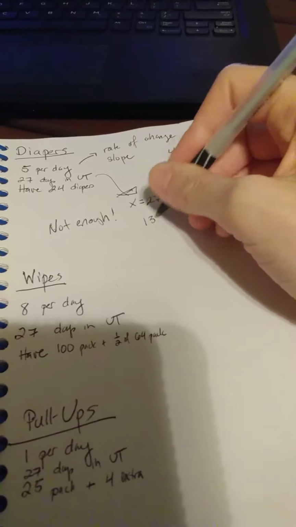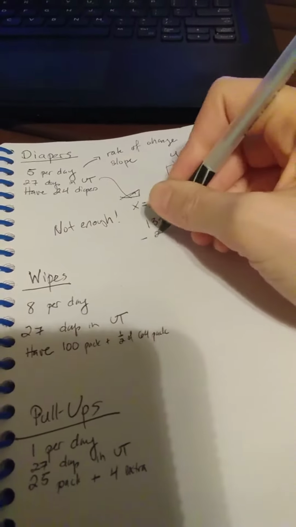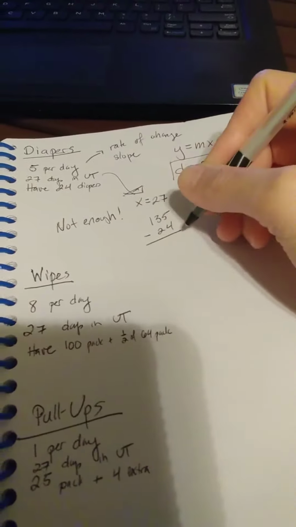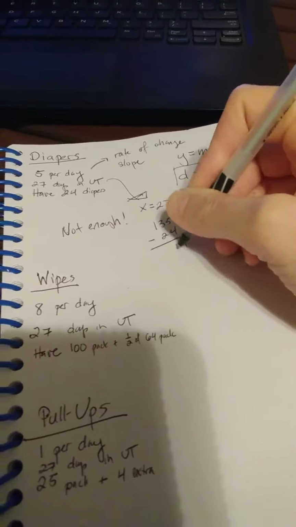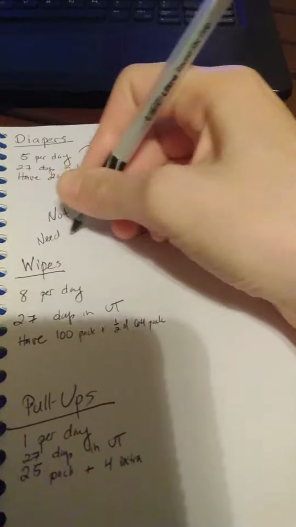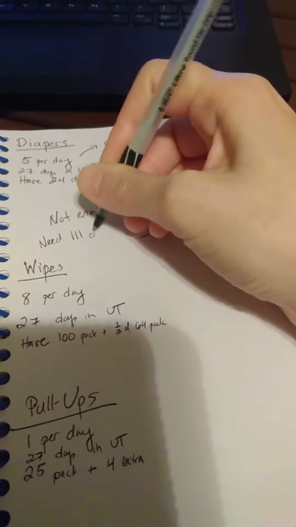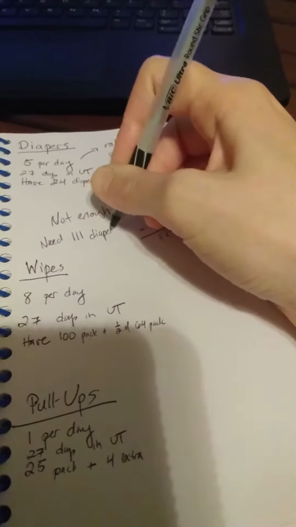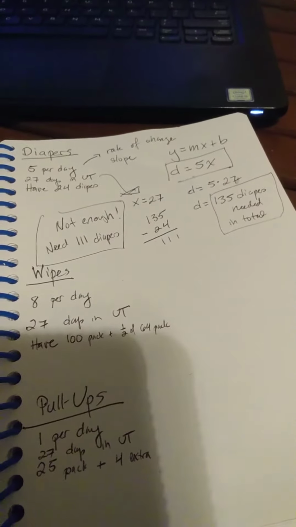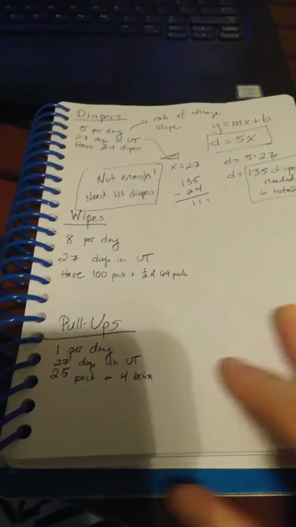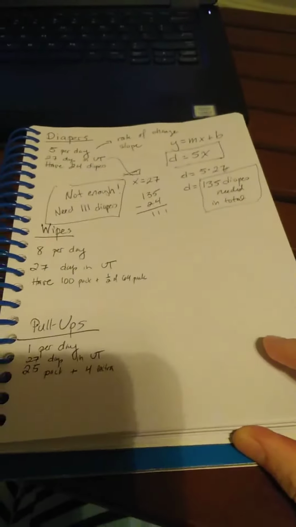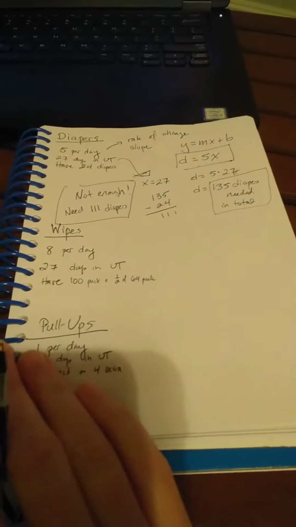Well, I'll take what I need in total, take away what I have. 5 minus 4 is 1. 3 minus 2 is 1. Bring down the 1. I need to buy 111 diapers. Excellent. Clearly I need to go shopping. Hopefully there are not too many rations on diapers.